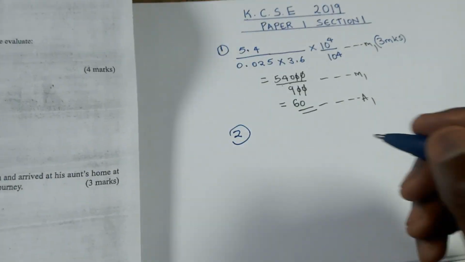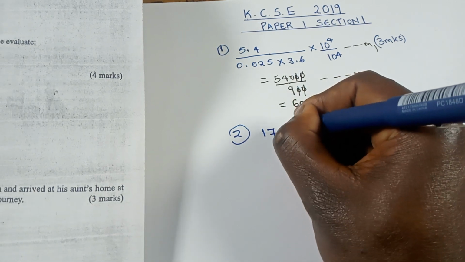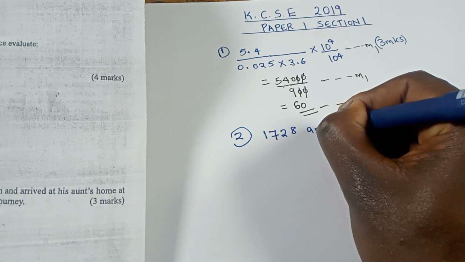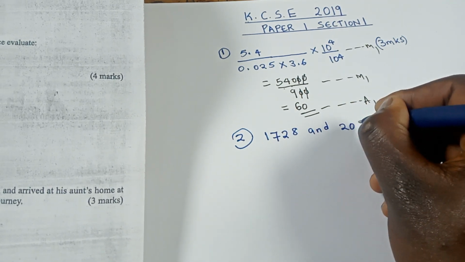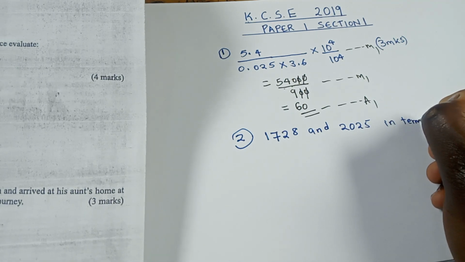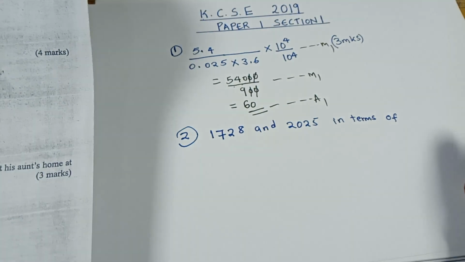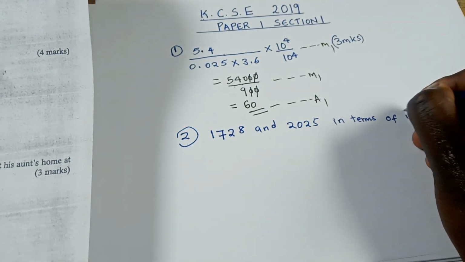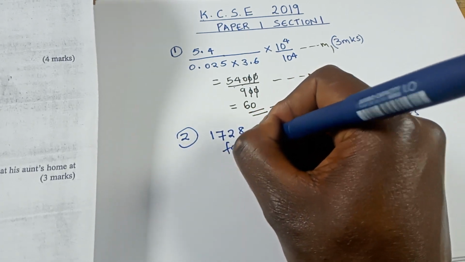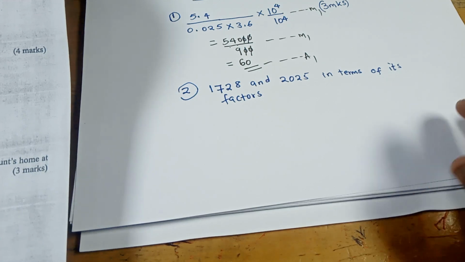So we are supposed to express 1728 and 2025 in terms of their prime factors, then we evaluate. So how do we express in form of prime factors?